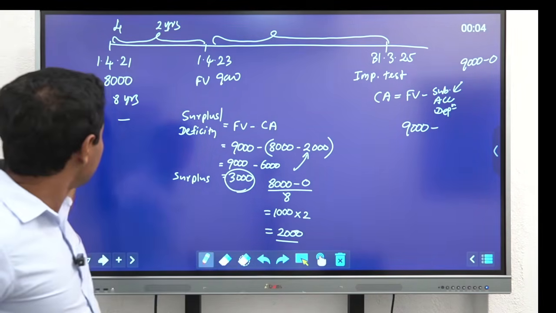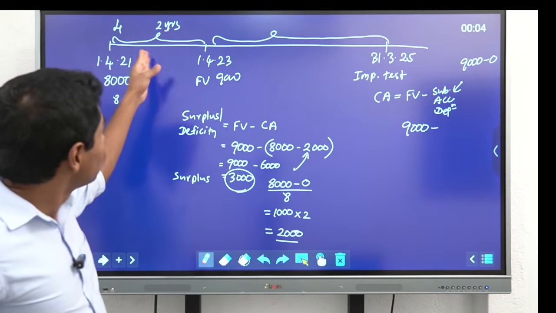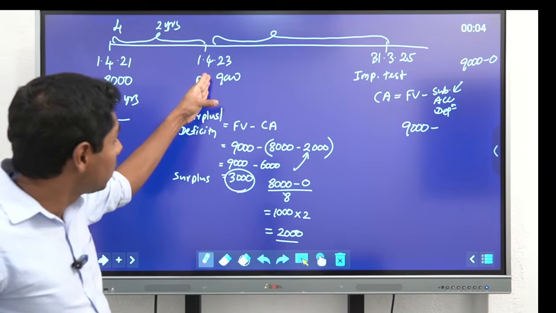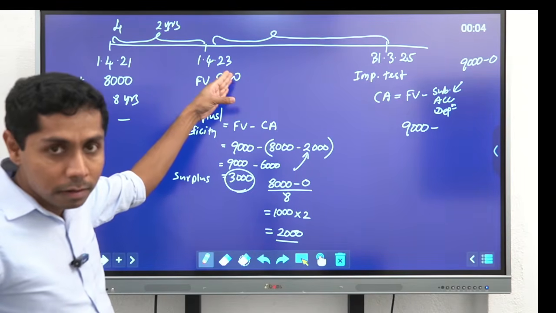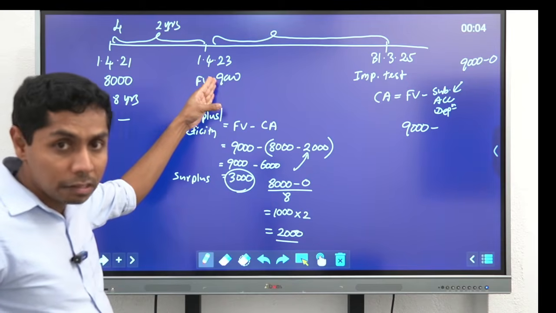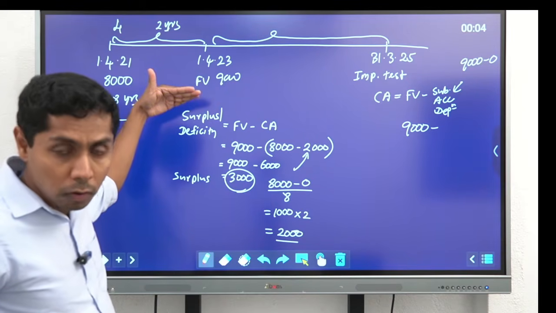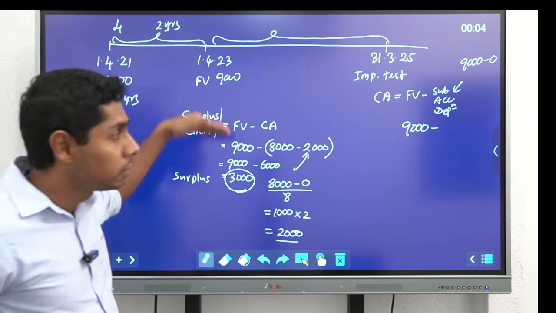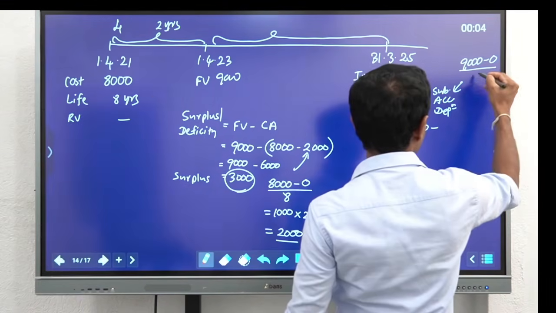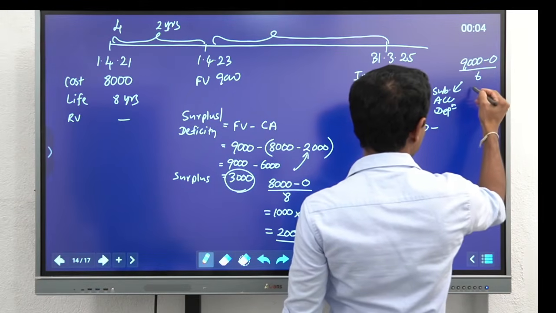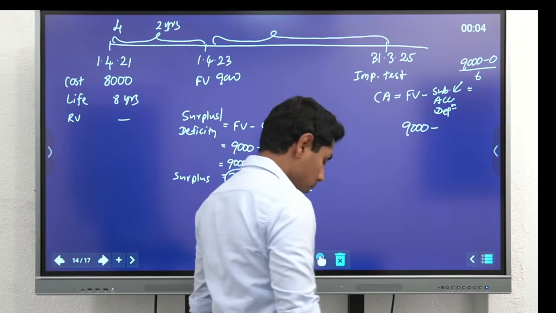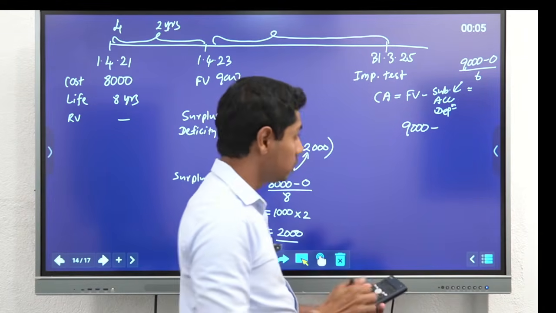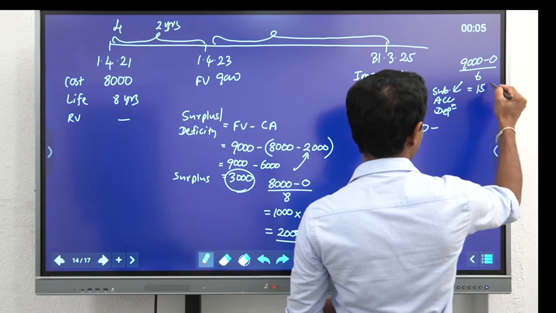So originally life is 8 years. Of that, 2 years have gone. So when you depreciate the asset after this date, the remaining life is 6 years because 2 have gone. So this is divided by the remaining life of 6. For a year, is it 1,500? 9,000 divided by 6 years, yes, for a year 1,500.